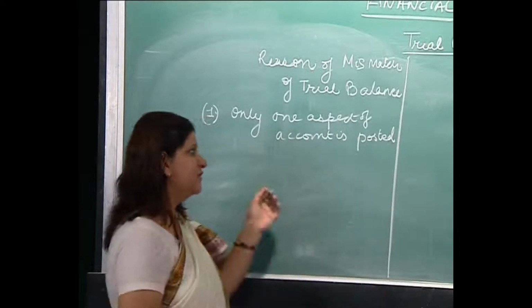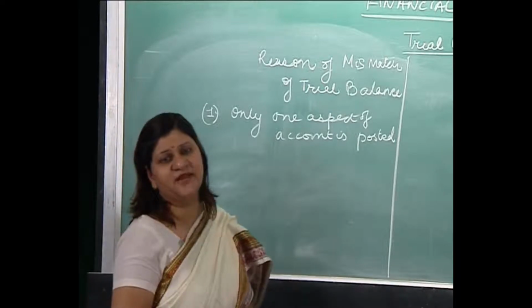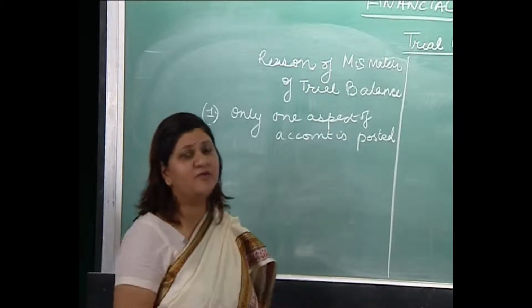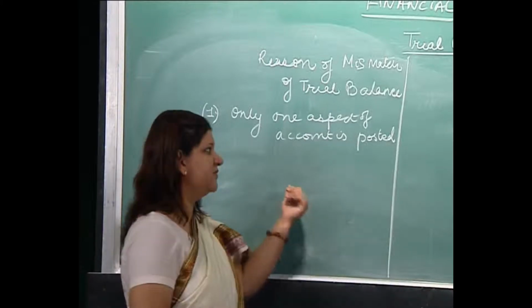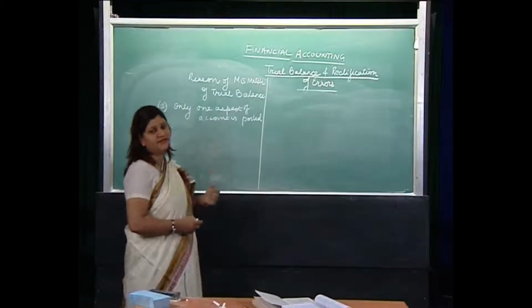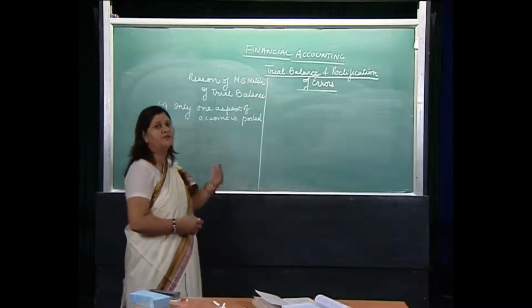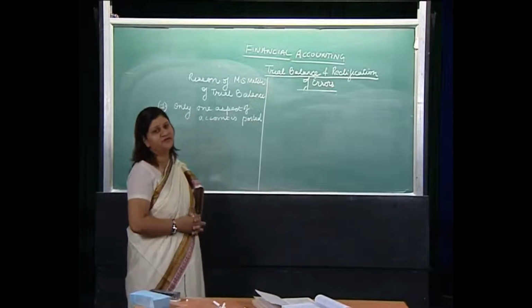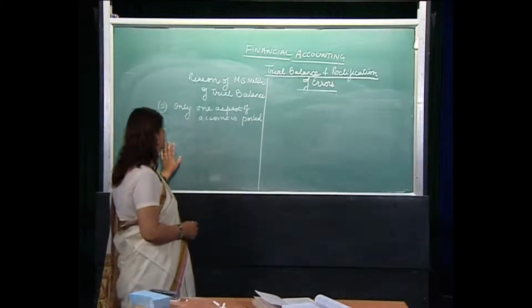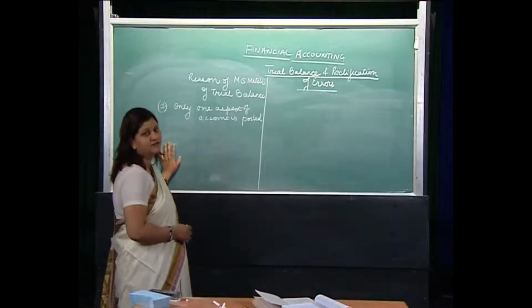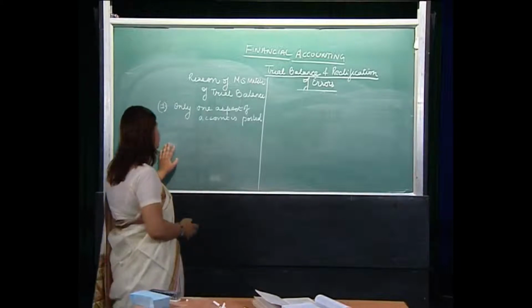So the balance of only one account shall come in the trial balance and the remaining not. So with that amount, our trial balance would not agree. If the posting is left out on the debit side, it won't match, and if the posting is left out on the credit side, it will show the difference. So this is the basic mistake which can happen, and the trial balance can locate such mistakes.